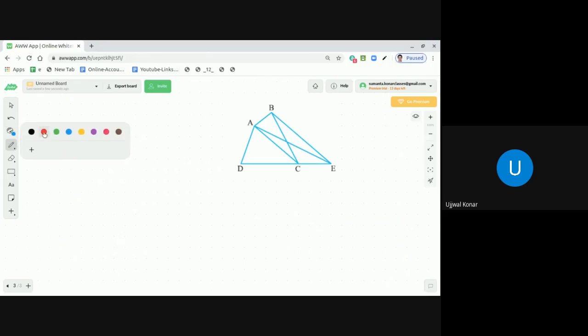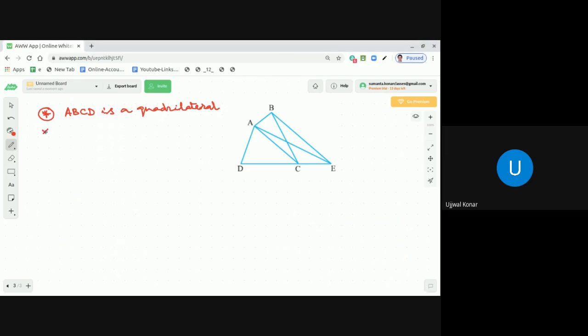The first statement is that ABCD is a quadrilateral. Okay, dear students, ABCD is a quadrilateral.